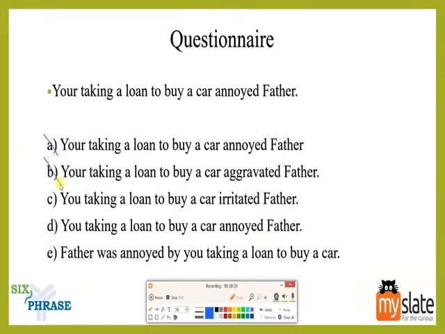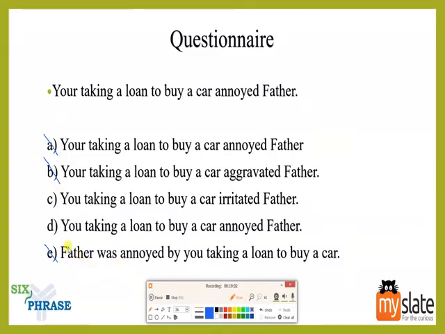So option A and option B are gone. Okay, we have an E option. "Father was annoyed by you taking a loan to buy a car," right? Father was not directly annoyed by you. He was annoyed because you took a loan, an idea of what you did, right? You didn't directly pester him, you did not annoy him. Your idea or what you did annoyed him. So those are two different things, right?